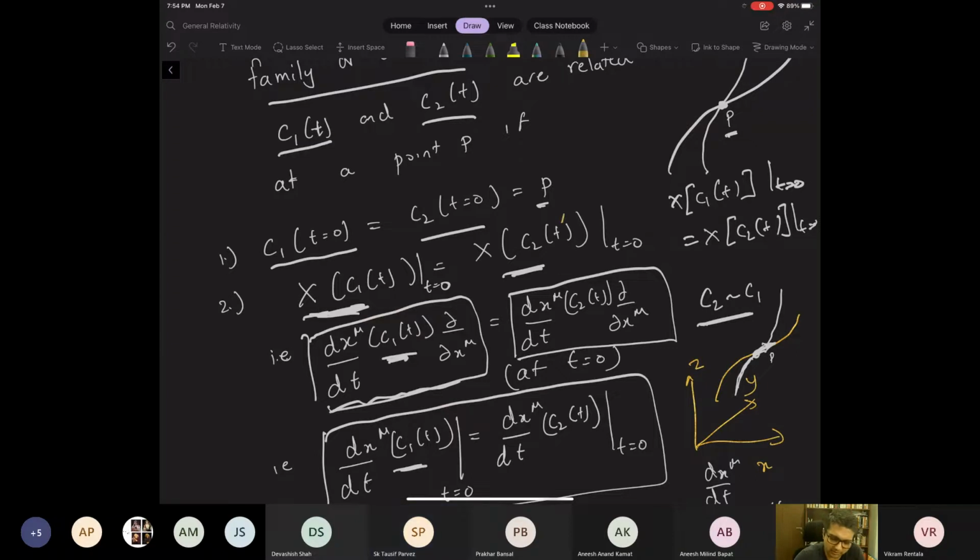It could have been parameterized differently, as long as it gives me the point P. In general, this t prime will not be equal to 0 if t equals 0. This is an arbitrary choice that we're making just to label the point P, instead of creating confusion by trying to reparameterize the curve in some different way.